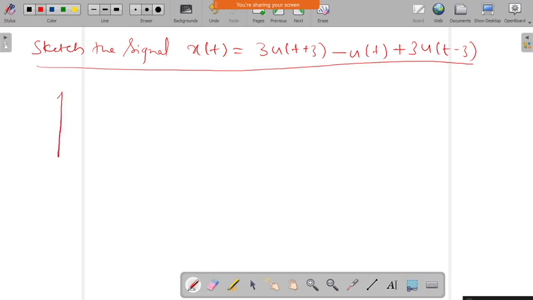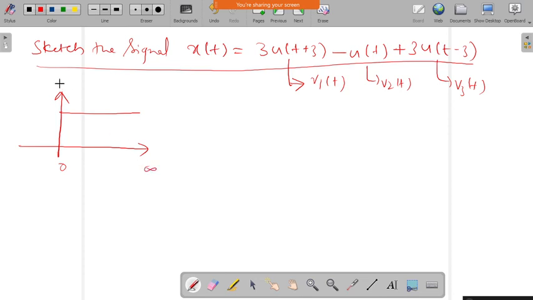So first we need to see what the operations are individually. Let us take this one as v1 of t, this one as v2 of t, and this one as v3 of t. Then finally we will add these signals and we will get x of t. Now this one, from 0 to infinity, you will get u of t. This we know is the unit step function, which varies from 0 to infinity on the positive side.